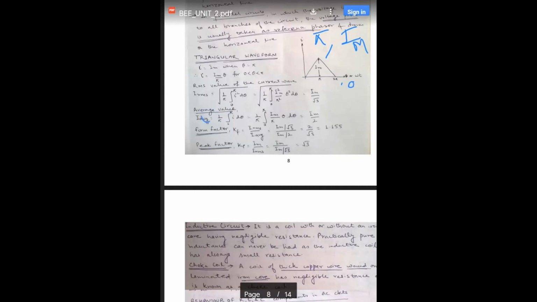So the 2-point formula is y minus y1 is equal to m times x minus x1, where m is the slope and slope is y2 minus y1 upon x2 minus x1. So in this way you can calculate the function and apply the limits.